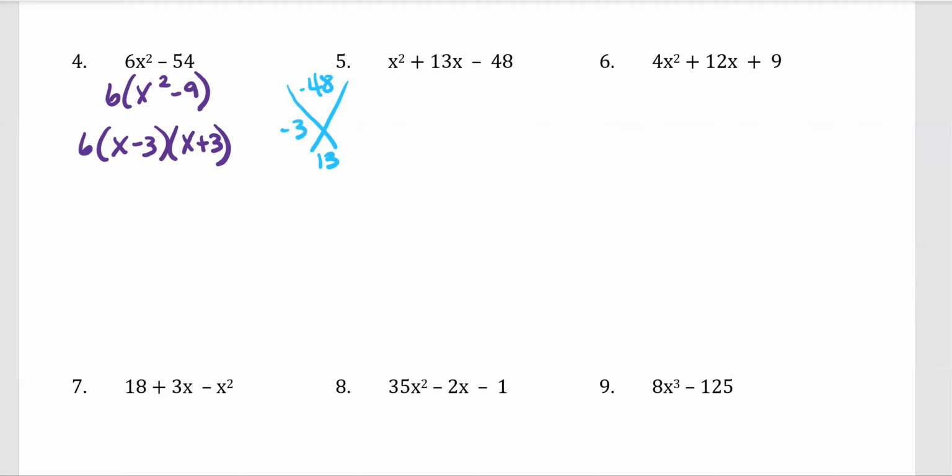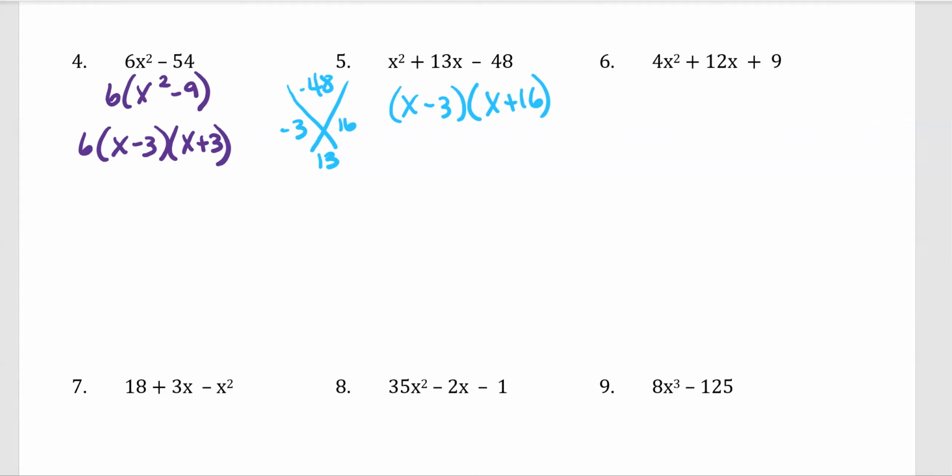And we would figure out that -3 and 16 multiply to give you -48, and they add to give you 13. So our factors are x minus 3, x plus 16.